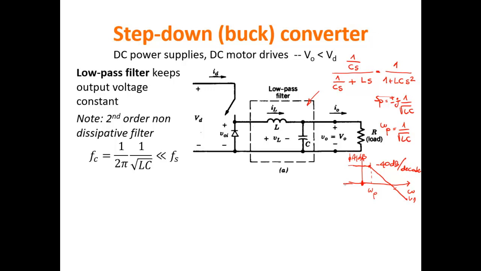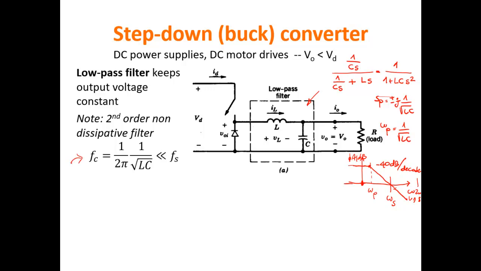Then you would have a first component at the switching frequency, a second component probably at twice the switching frequency, and so on. And then you can cut them off if omega p is much smaller than omega s, which is exactly the expression that I've written here.